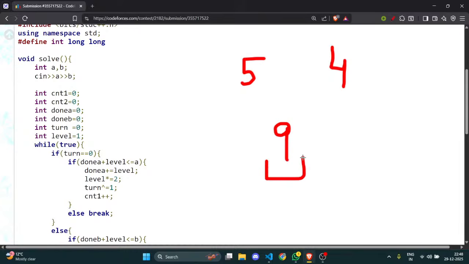This total should be less than or equal to A, so that I can use this. So this is what I have done. If done A plus level, the chocolate already used plus the chocolate we need to use, should be less than the total. In that case, we can paint this layer with white chocolate and we move further.